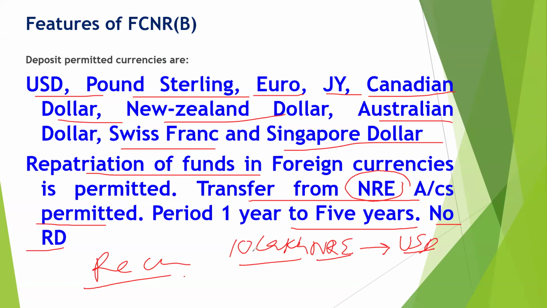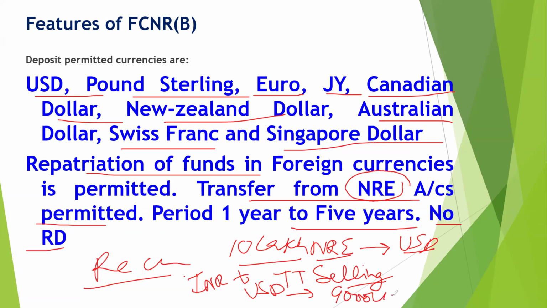Whatever the NRE account is having, 10 lakh, the bank will apply the TT selling rate and convert the INR to USD. Suppose that is coming around 9,000 USD. Whatever the USD it is coming, that much amount of FCNR can be created. So this is the concept of transfer from NRE account to FCNR.